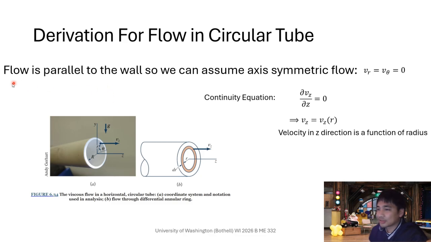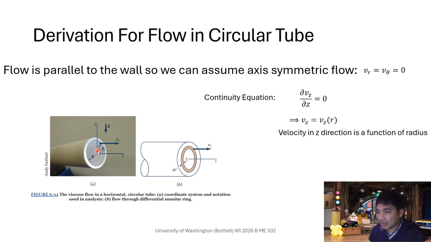Okay, so here flow is parallel to the wall, and you can look at this figure. Let's focus on figure A. Here capital R is the radius of the tube, and little r is the radius to the velocity vector. Theta is the angle, so it looks like we're going to be doing polar coordinates.